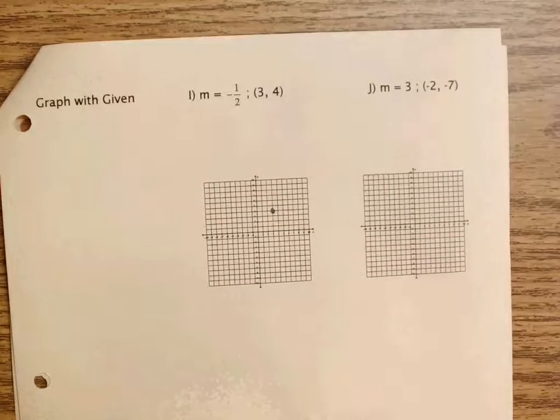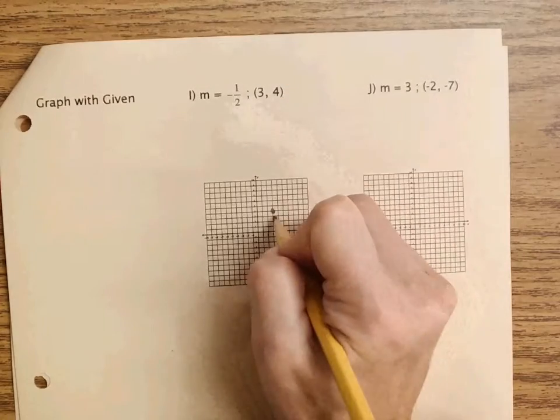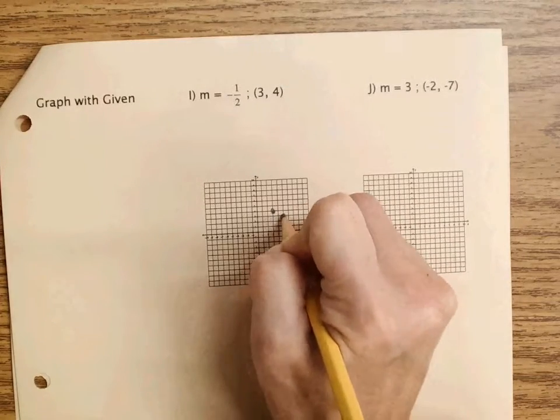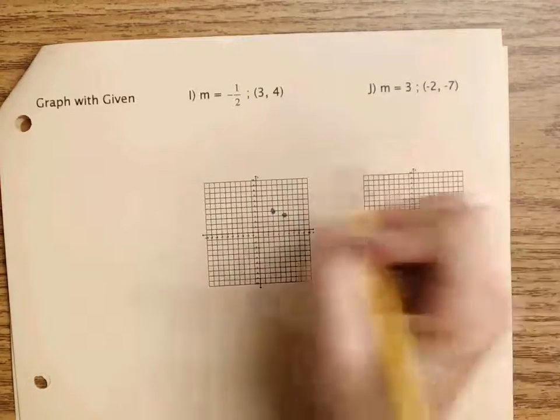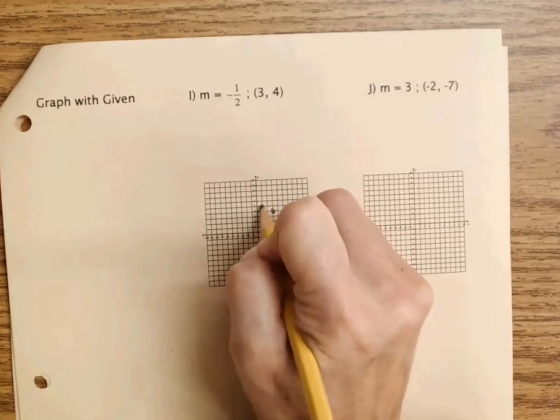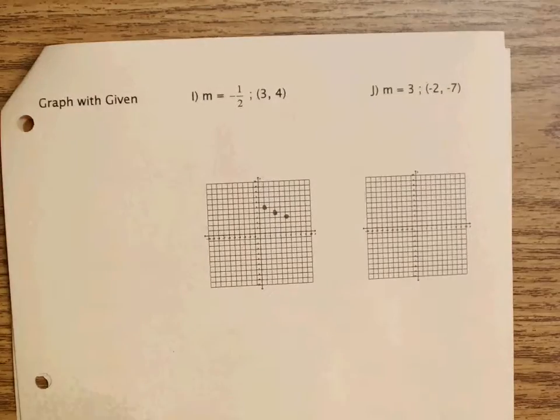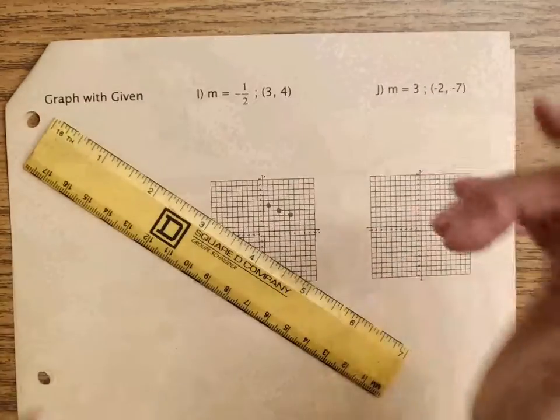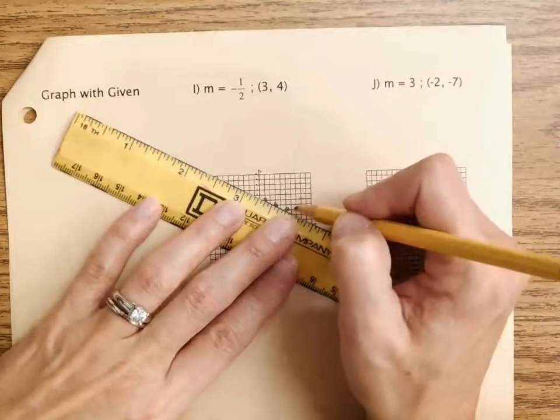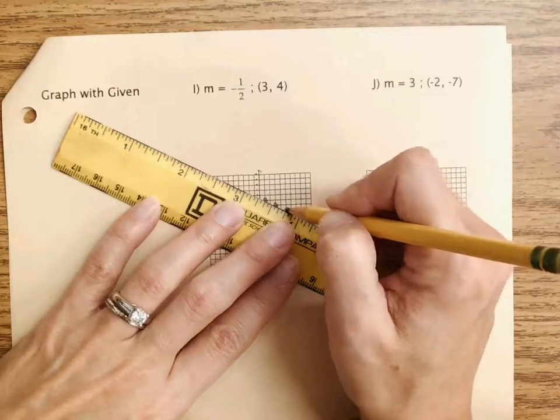Okay, so I plot that point, and then my slope here is -1/2. This one's a negative slope, so that means I can go down 1, right 2. The other option is to go up 1, left 2. Okay, and so I also notice that my line is a negative slope line.